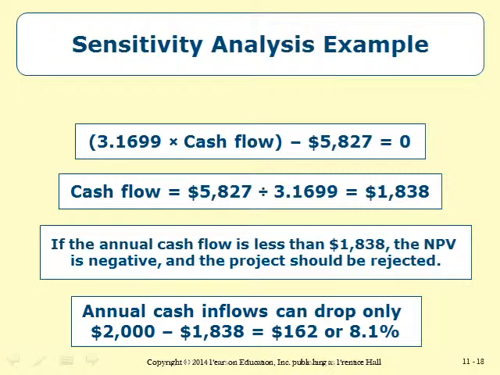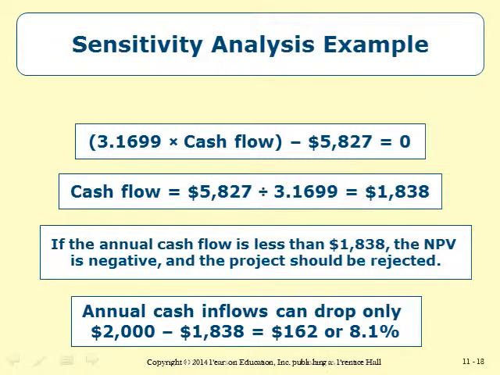The cash inflow at the point where net present value equals zero is the break-even cash flow, right? We've recovered all of our investment, but we've not recovered anything additional. So it's not a positive net present value, it's not a negative net present value, it's zero. So if the annual cash savings is less than $1,838, the net present value is negative and the managers should reject the project.